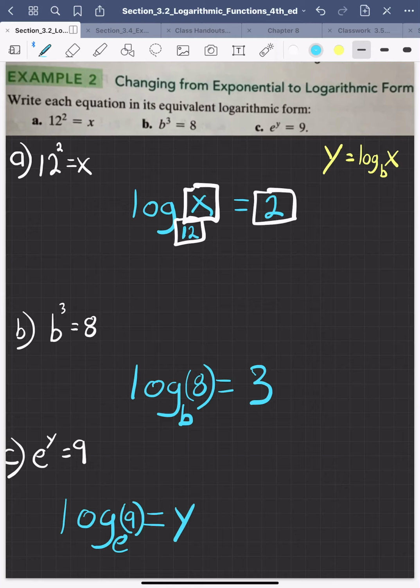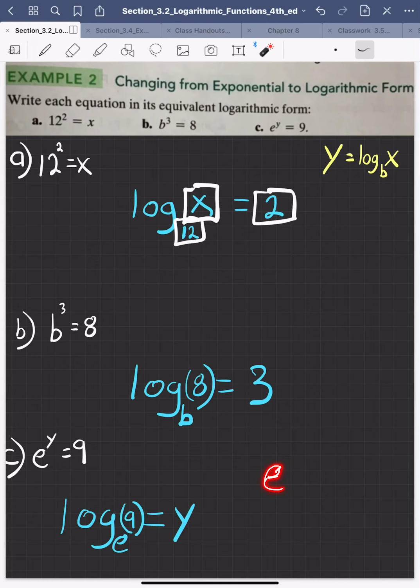Now, what I want to state really quickly is I've already mentioned that e is such an incredibly special number. As special as pi, if not, it's up there. So it's a very, very special number.